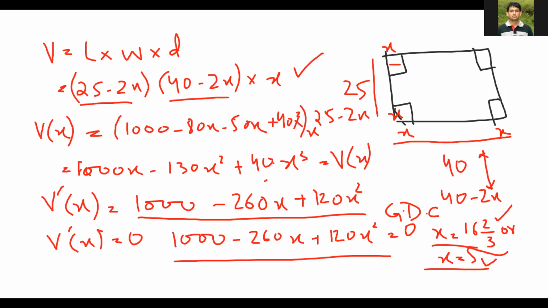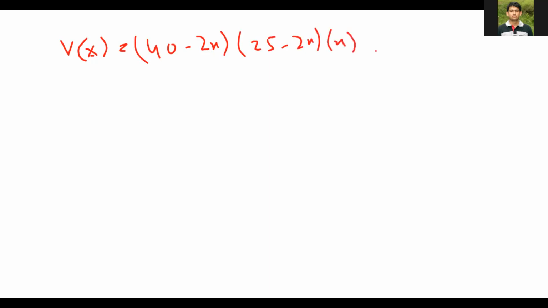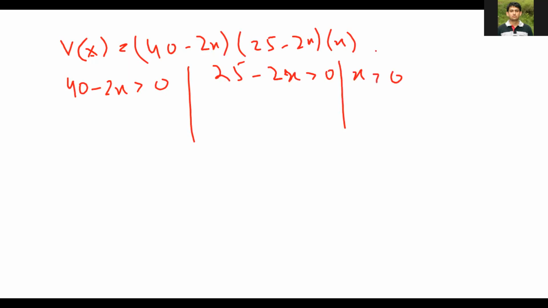So now let's drop all these things and try to find the interval. This was the original equation: volume of x is equal to 40 minus 2x multiplied by 25 minus 2x into x. So 40 minus 2x must be greater than 0, and 25 minus 2x is greater than 0, and x is greater than or equal to 0.